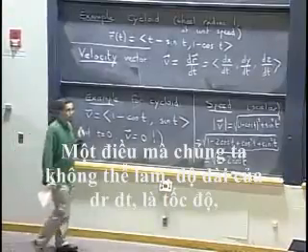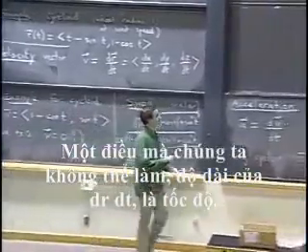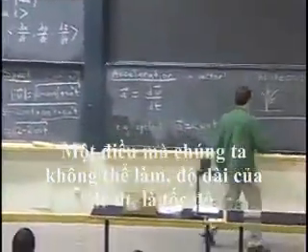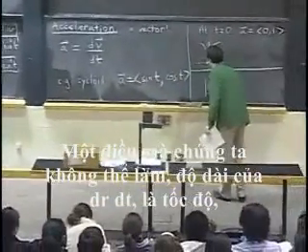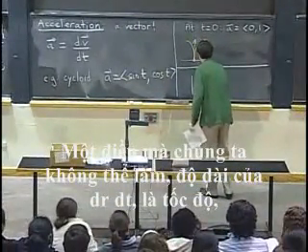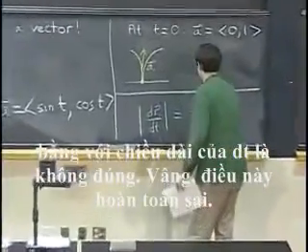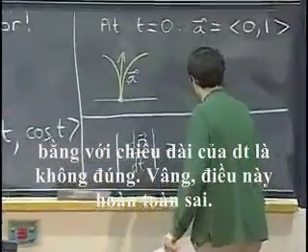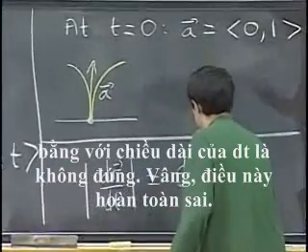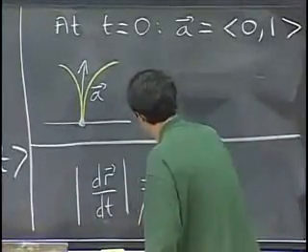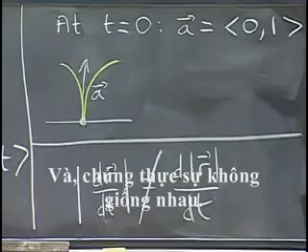One thing that we cannot do, it's not true that the length of dr/dt, which is the speed, is equal to d(length of r)/dt. Okay, this is completely false, and they're really not the same.